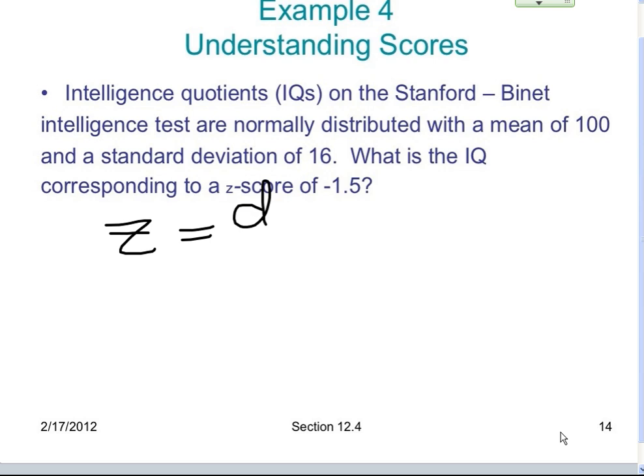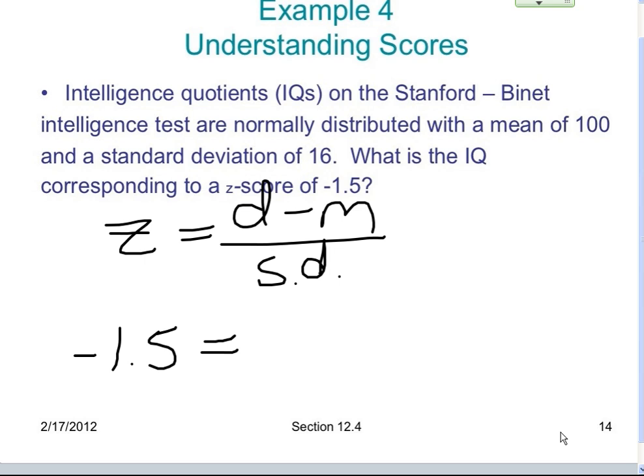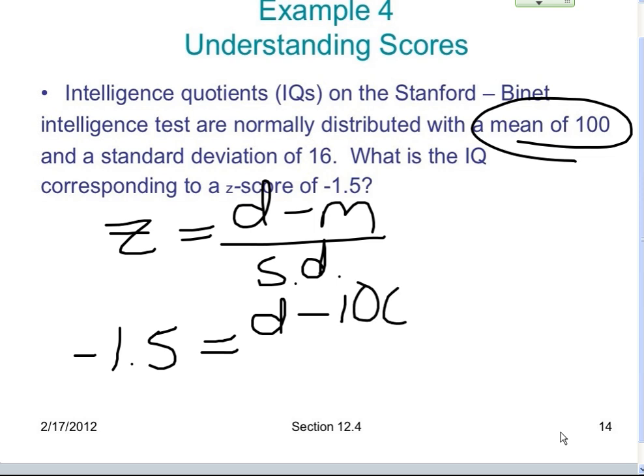We take the data item, subtract the mean, divided by the standard deviation. I know the z-score is negative 1.5. I don't know the data item. Subtract the mean. The mean is 100. And the standard deviation on the bottom is 16.